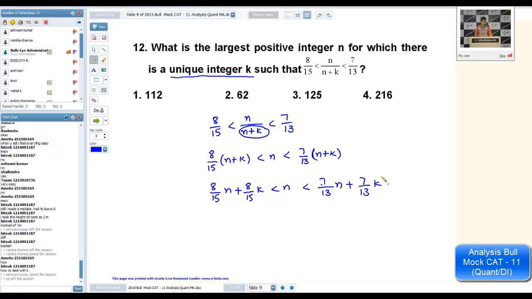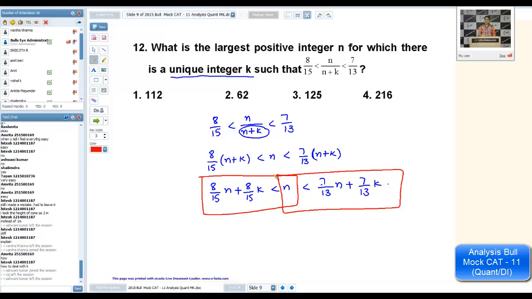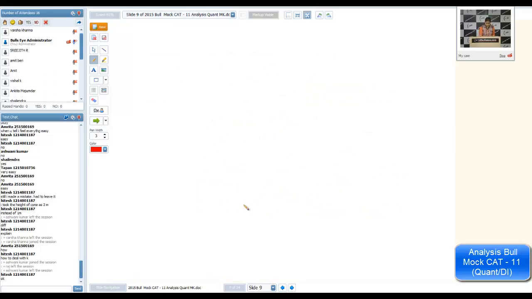Hitesh, if you are not comfortable in solving this kind of inequality, you can break it into two parts. First of all, you can solve this, then you can solve this, then you can combine the whole thing. Is it okay? I think now this is easy, so I'm leaving it. So now coming to the equation only, it comes out to be 48n is less than 56k is less than 49n.